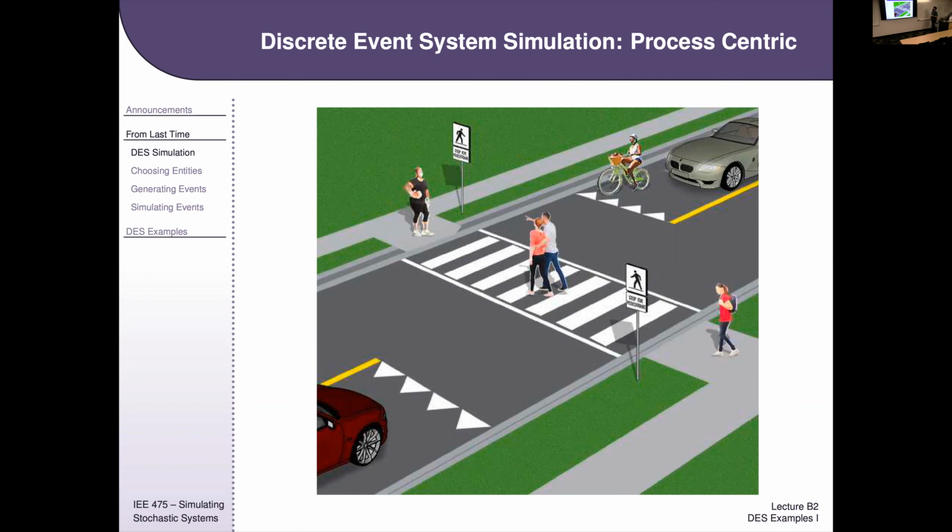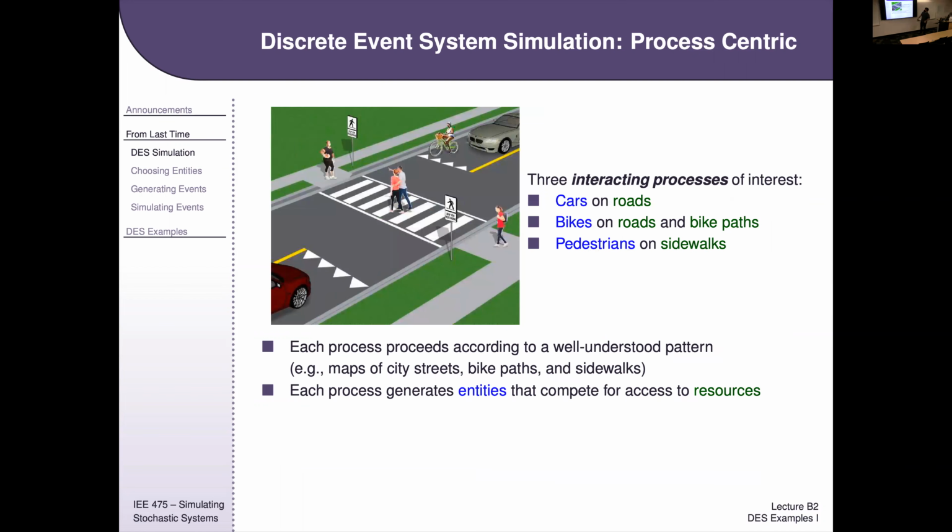When we talk about these discrete event system simulations and these processes, we're thinking about intersections like this as interacting processes. These cars are on the road. There are people and bikes on the bike paths and the sidewalks, and all of those coexist and compete for common resources.